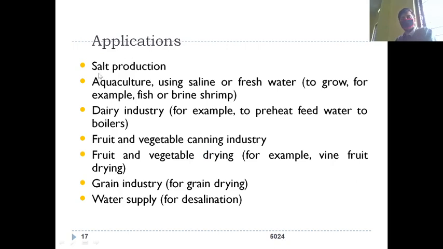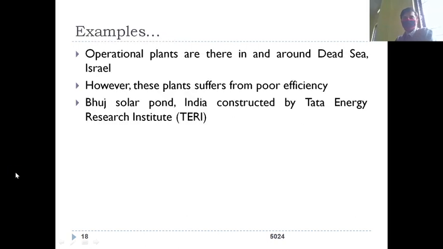So these are the n number of applications of a solar pond. It is used for salt production, in general, aquaculture, dairy industry, fruit and vegetable canning, drying, grain industry, and obviously for water supply, for desalination. In active solar stills, you can use solar ponds also for hot water supply.